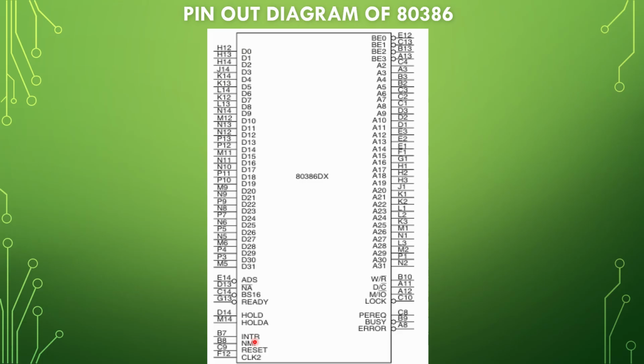And coming to the NMI, it is a non-maskable interrupt that is majorly used for critical hardware operations or critical hardware faults. In such cases, we use non-maskable interrupts. So these are the major pin descriptions of 80386.